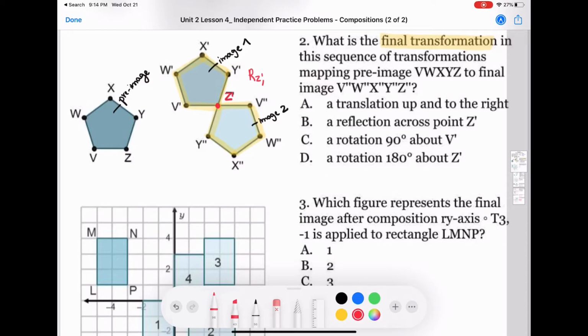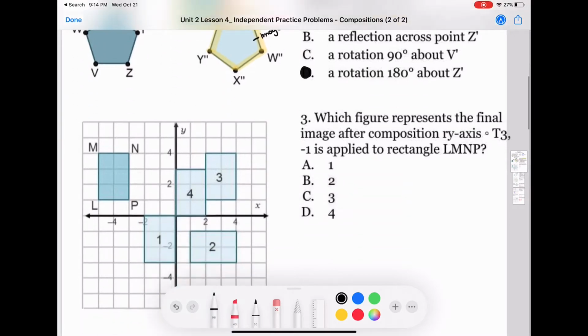Well, it looks like we have had a rotation about Z prime 180 degrees. So we want to look for the answer choice that tells us that we have a rotation about Z prime 180 degrees, and that is answer choice D. Let's look at the next problem.